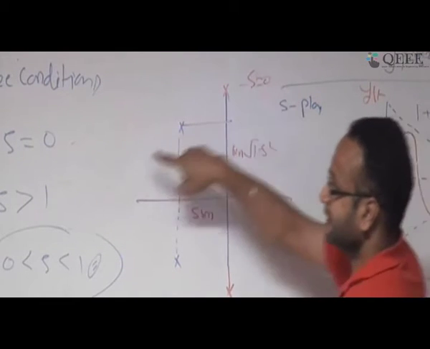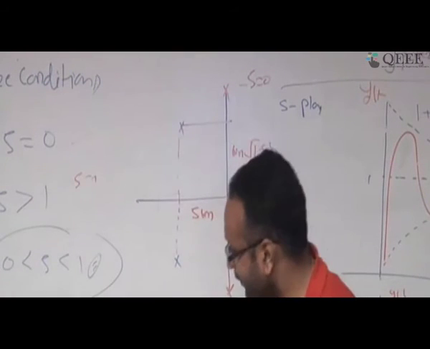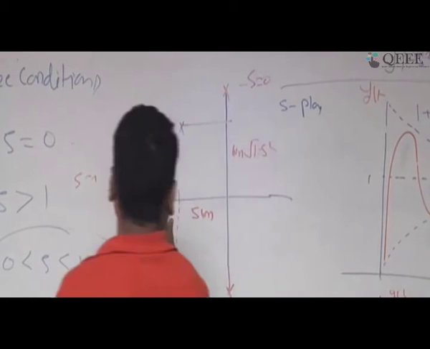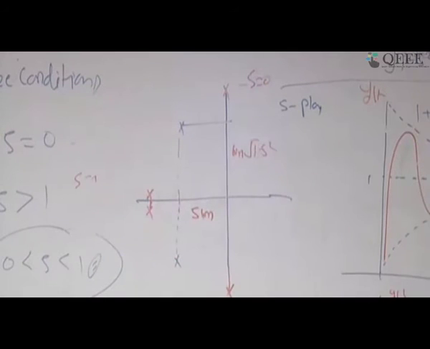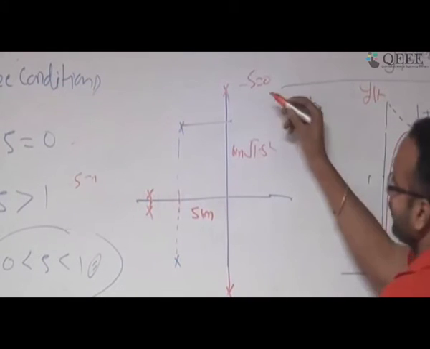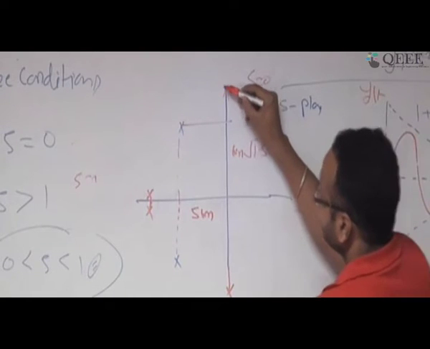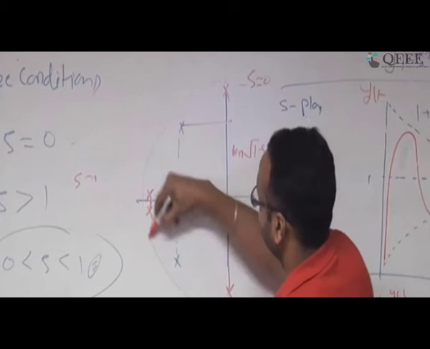Now consider when zeta is equal to 1. If you take zeta equal to 1, this term will be 0 and this term is going to be omega n. So somewhere here the two poles will be lying. Okay. So what I want to highlight is, if you increase from zeta equal to 0 to 1, these two poles start traveling in this manner.